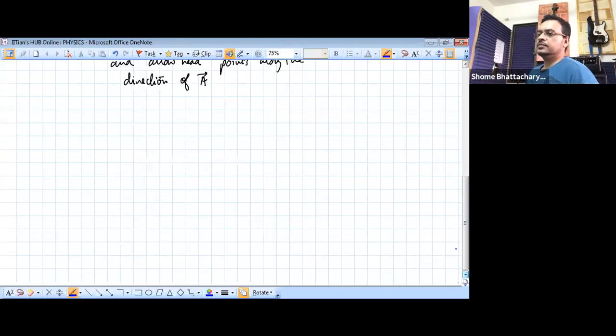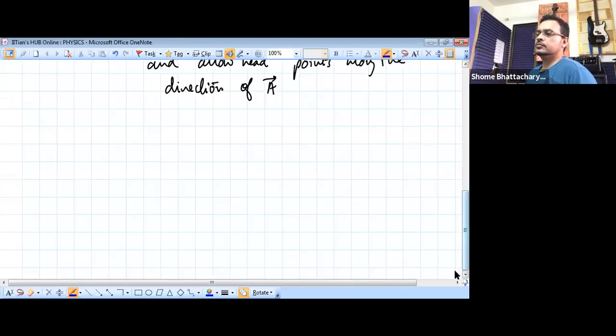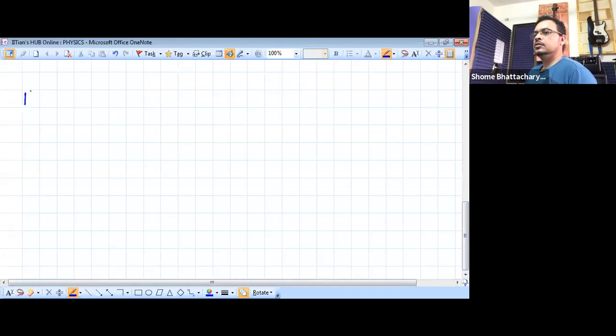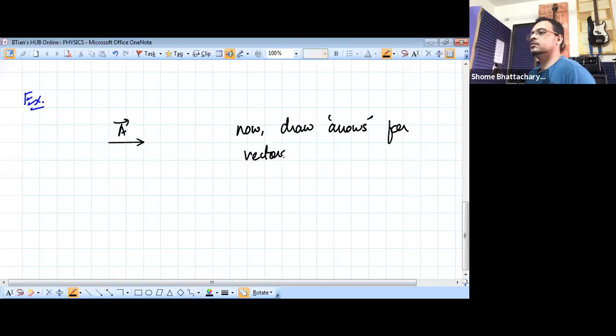So, for example, suppose we are representing one vector with this arrow, this is vector A, and we say now draw the arrows for vectors B and C if B is equal to, let's say, 3 times A and C is equal to minus A by 2.